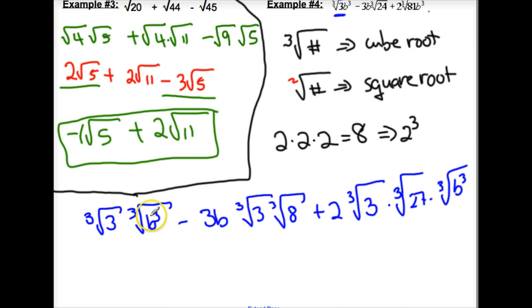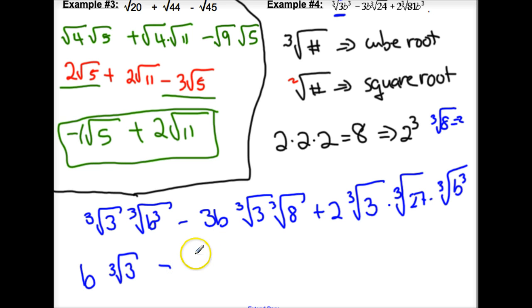So the cube root of 3 stays the same, and then b cubed to the cube root is actually b, which is just like me saying the cube root of 8 is 2, because 2 times 2 times 2 will give me 8.